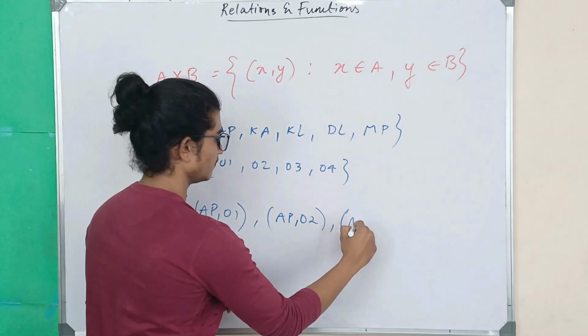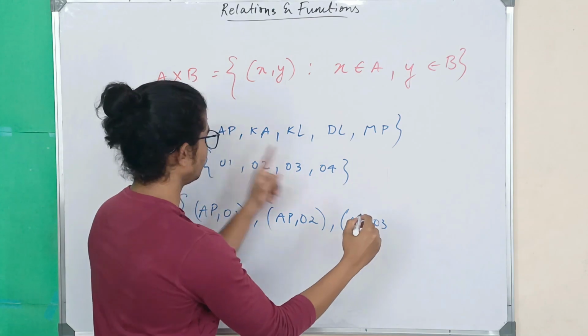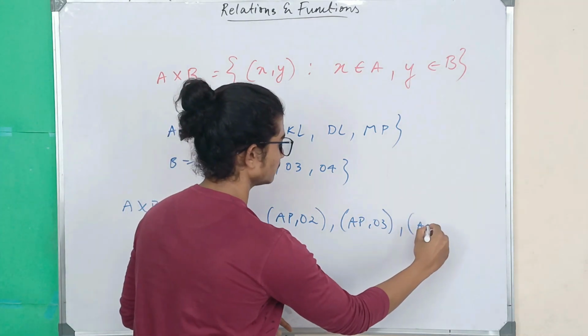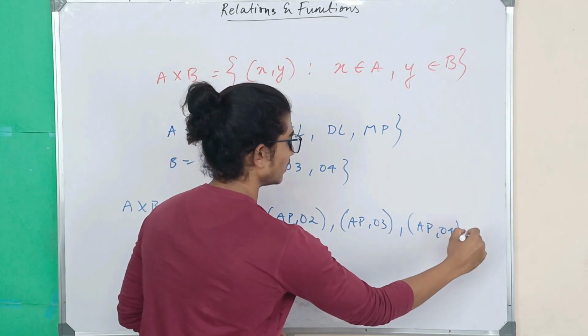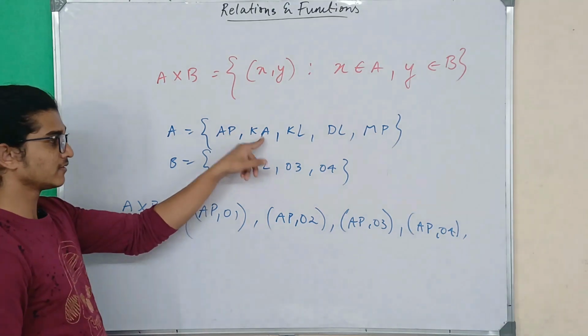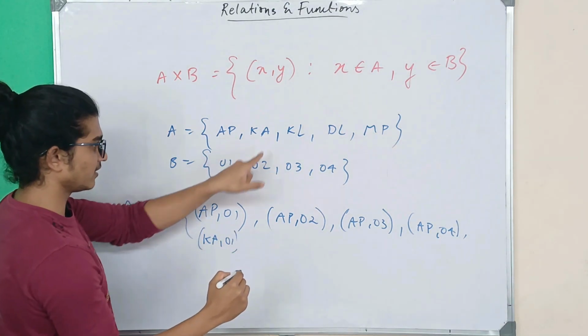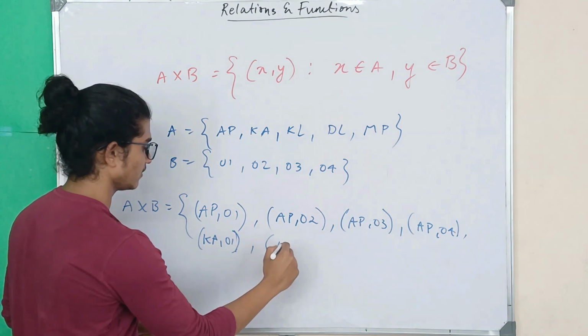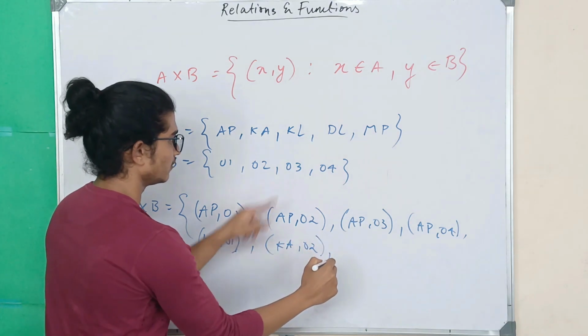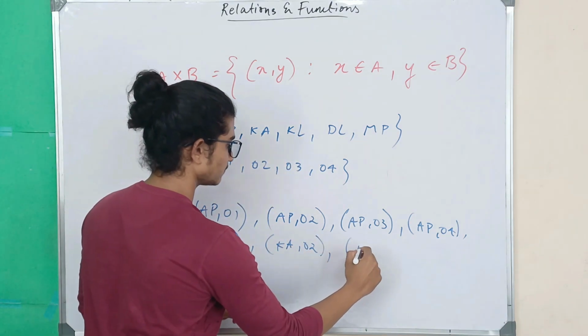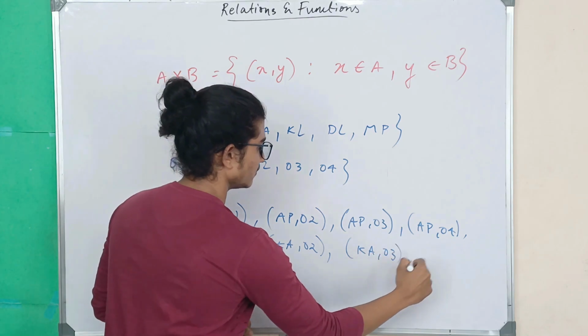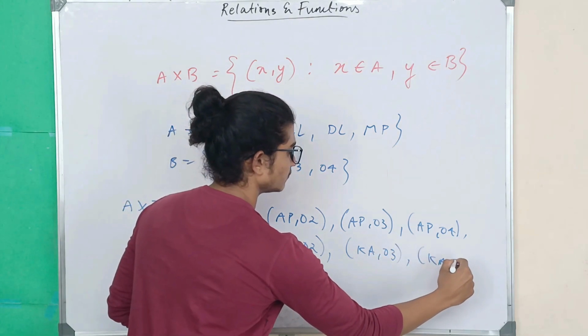(AP, 03), (AP, 04). After you're done with AP, let's go to the next one, KA. So (KA, 01), (KA, 02), (KA, 03), (KA, 04).